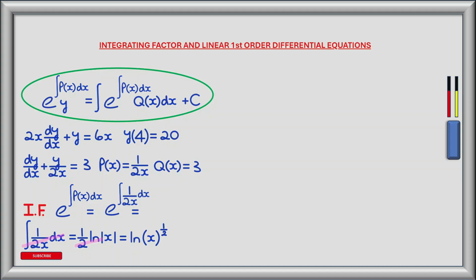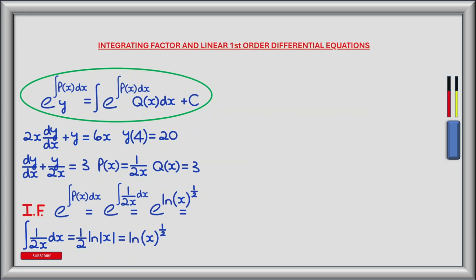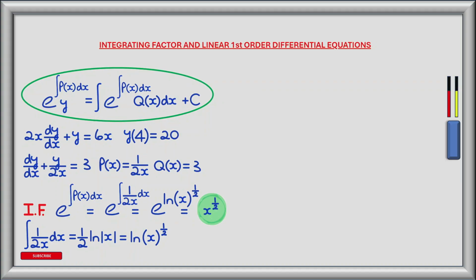And using the rules of logs and taking only the positive values of x, we're left with the natural log of x to the power of a half. So our integrating factor is e to the power of the natural log of x to the power of a half, which simplifies to give us an integrating factor of x to the power of a half.